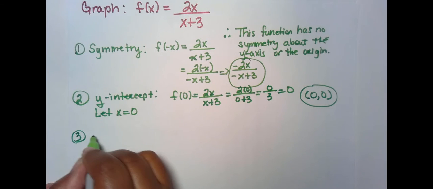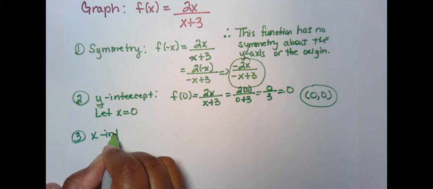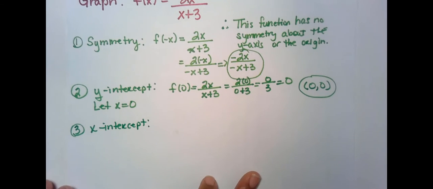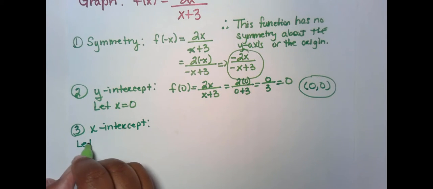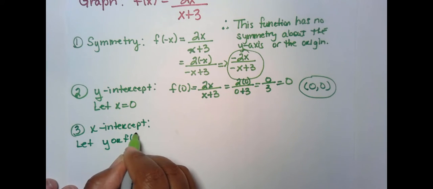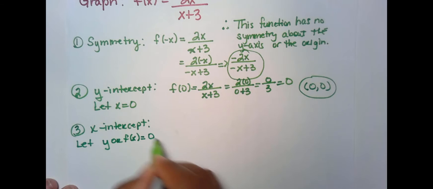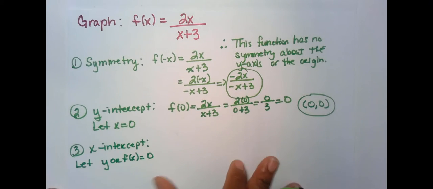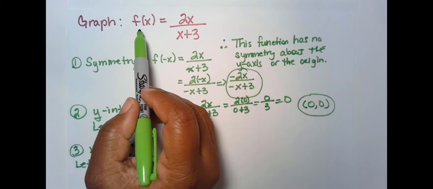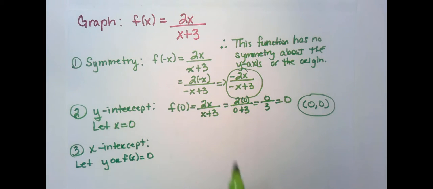Number 3, the x-intercept. We want to let y, or we can say f of x, equal 0. So we would go back into our original function. Where we see f of x, we're going to plug 0 in for that.